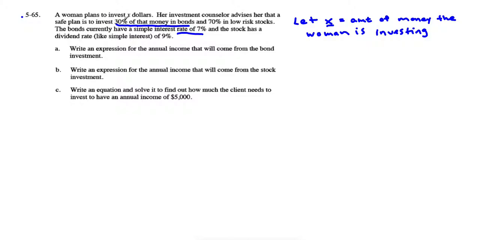So to figure out how much she's investing into bonds, we're going to take 30% and multiply it times the amount that she's invested. 30% would be like saying 0.3. So she's going to take 30% of what she's investing, so it'd be 0.3 times x. This would give her the total amount that she's invested in bonds.